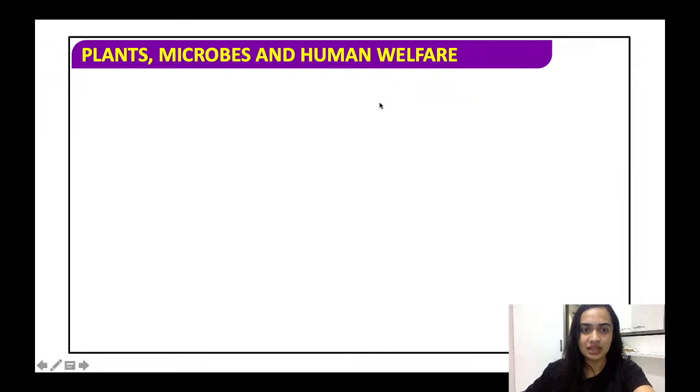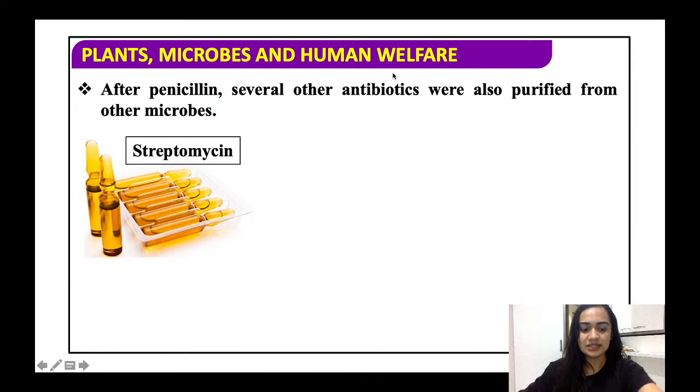All right, and yes, after penicillin, there were several other antibiotics that were also purified from these microbes. So one of them, as I said, was streptomycin. Streptomycin is again very widely used, and we literally see there are almost 700 antibiotics that we have today, and Streptomyces species alone gives us more than 40 antibiotics.